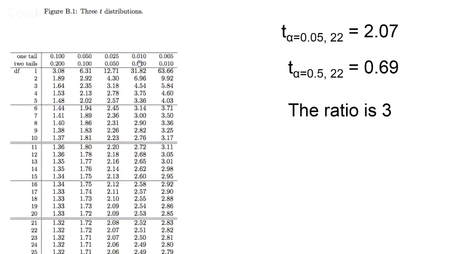So alpha equals 0.05 and 22 degrees of freedom is 2.07. So that's what you use for a 95% confidence interval. And for alpha equals 0.5, it's not on here, but I calculated it, 22 degrees of freedom, that critical value is 0.69.